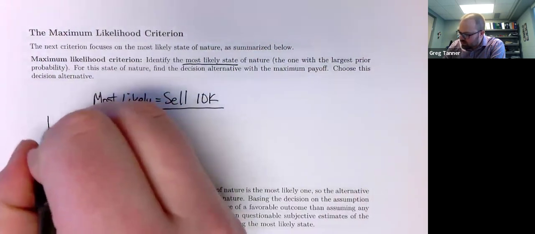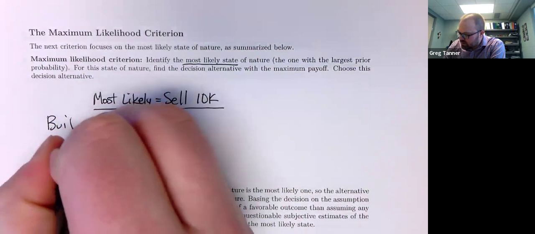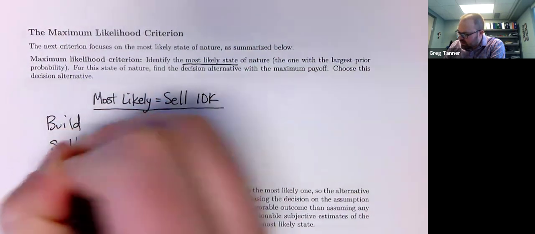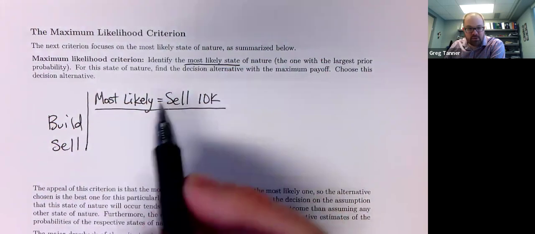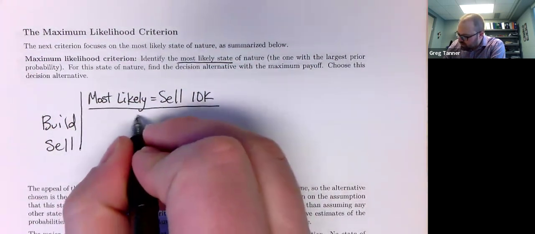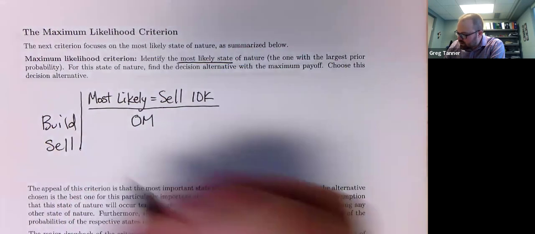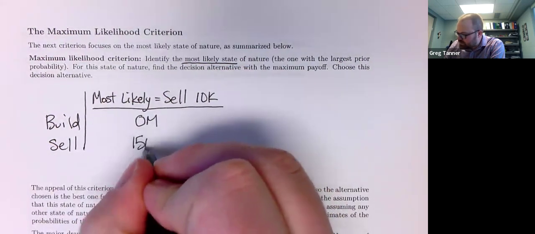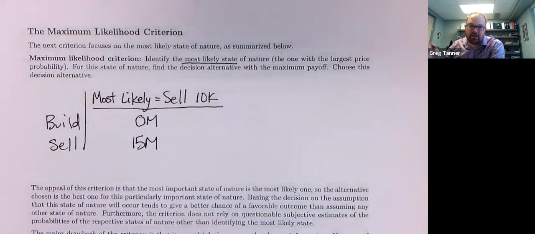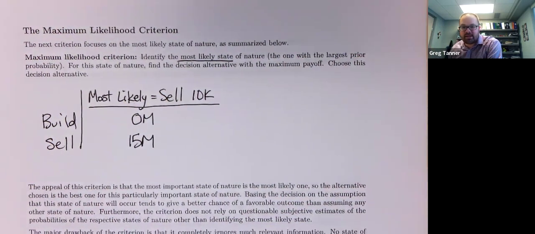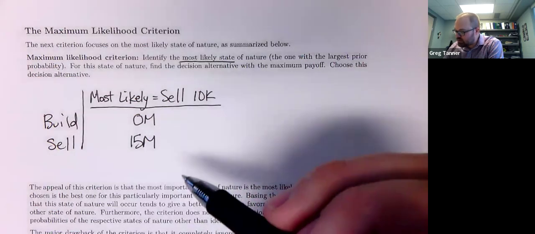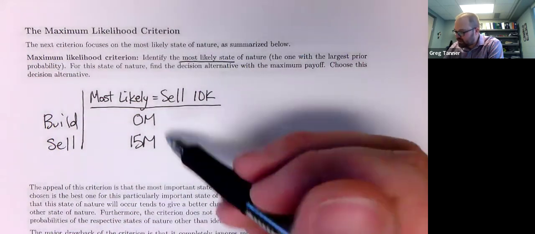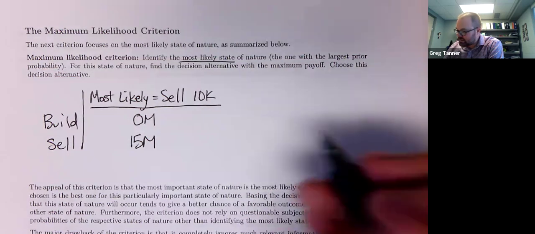Then we look at each of our alternatives, either build or sell. Under the most likely state, build will give us a payoff of 0 million and sell will give us a payoff of 15 million. So in this case, I'm just taking the column from underneath the 10K state. Then we again choose the decision or alternative with the maximum payoff in the most likely state.